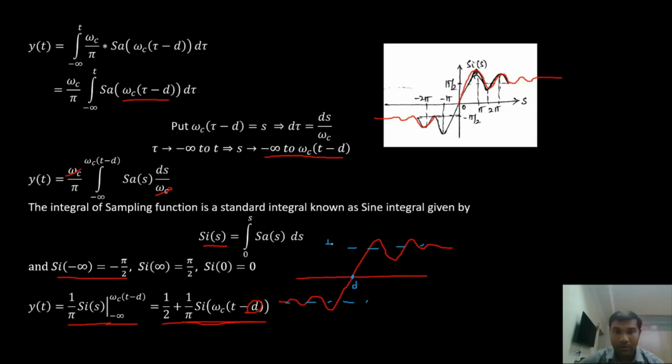1 by 2 is my amplitude, and negative 1 by 2 is my other amplitude. Then I have a DC term of 1 by 2. So for the whole signal, I'm going to add 1 by 2. So what happens? This entire signal is going to shift upwards by 1 by 2. When the entire signal shifts upward by 1 by 2, my final amplitudes are going to be minus 1 by 2 plus 1 by 2, so the final amplitude is going to be 0, and here it's going to be 1 by 2 plus 1 by 2, that is 1, right?